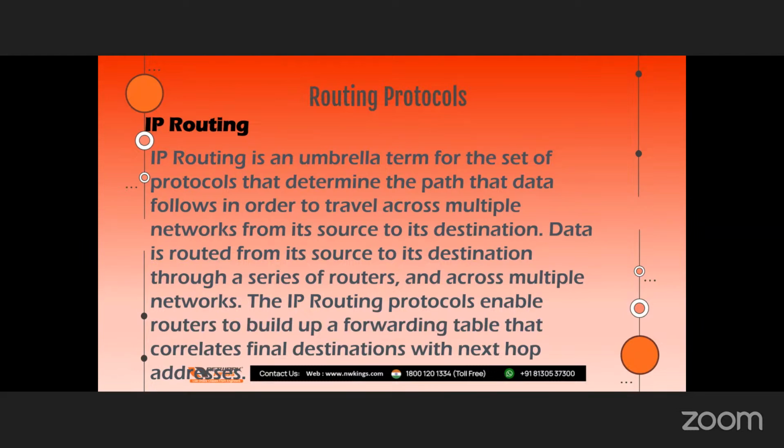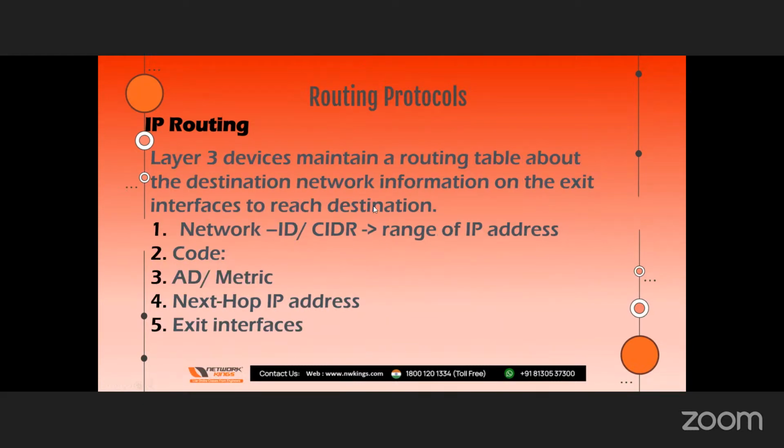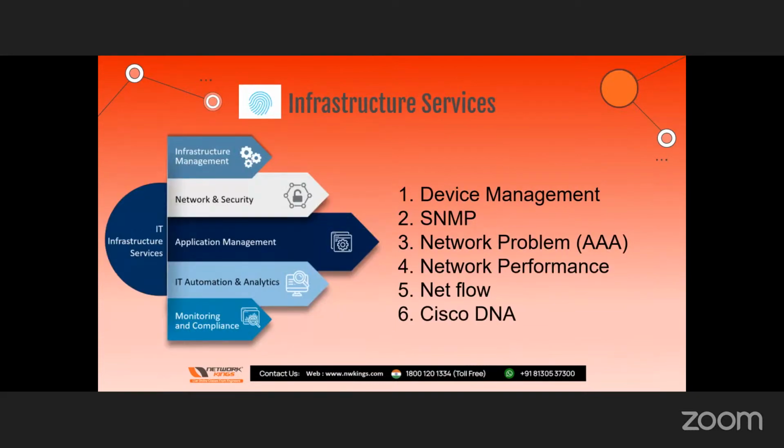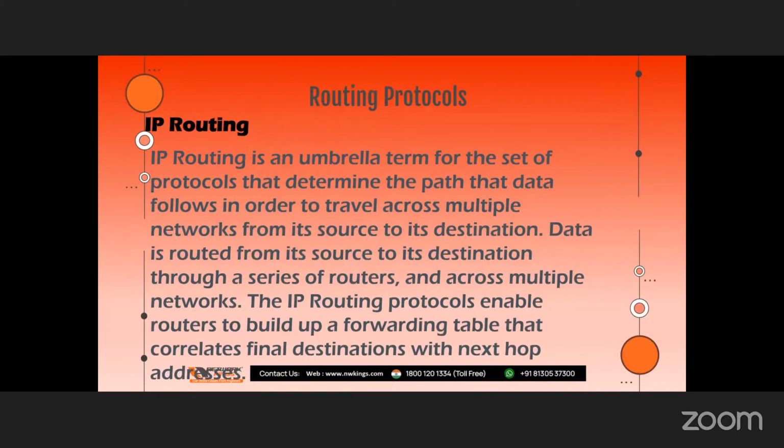For example, if A wants to send a packet to B, let me take here, there are two routers or another router over here.